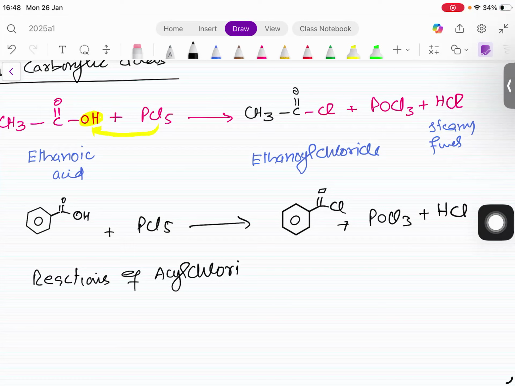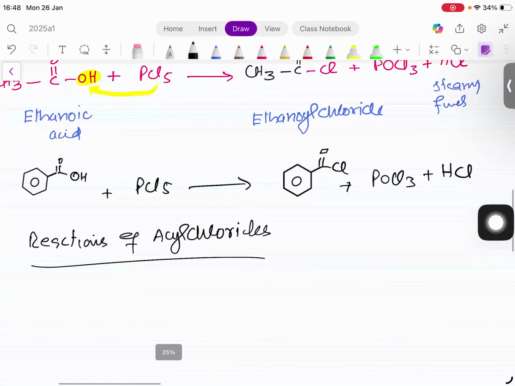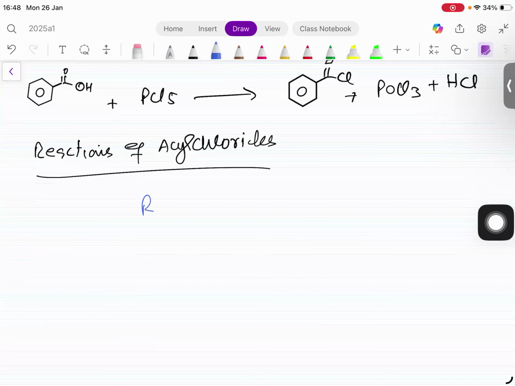Okay, now if I tell you, listen, in all the reactions of acyl chloride, what happens? They're very similar. Please pay attention. They are very similar to the reactions of haloalkanes, which we did in AS. If you remember, in haloalkanes, the halogen was always substituted with an incoming nucleophile.